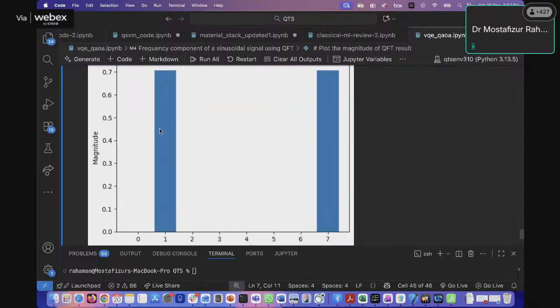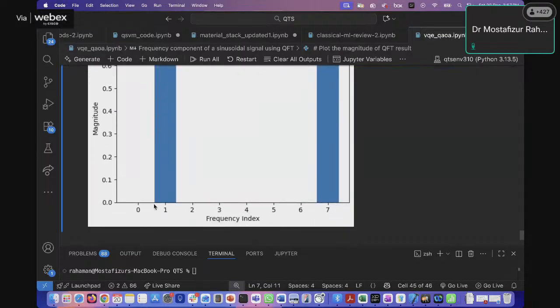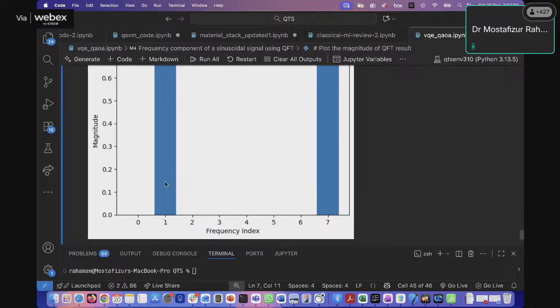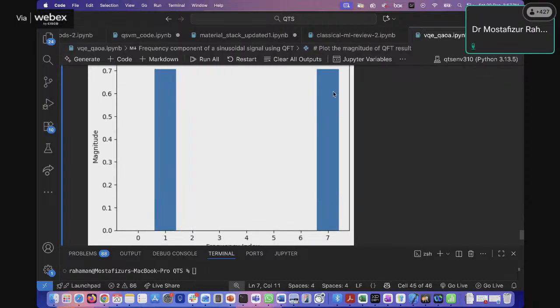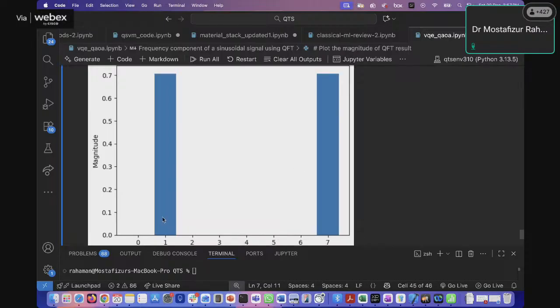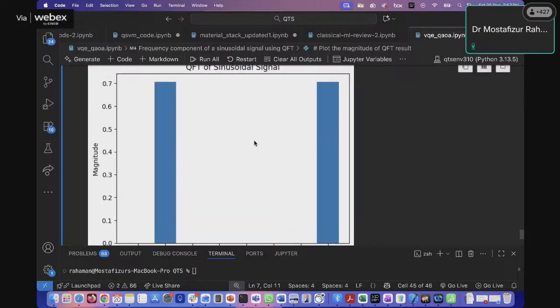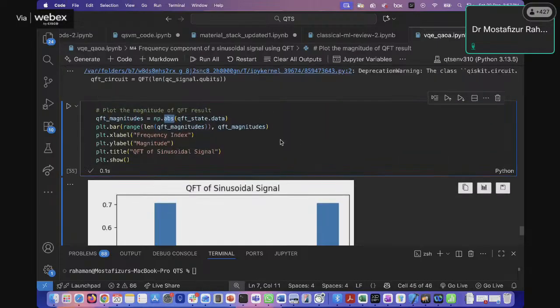Like a sinusoidal signal, right? If these are the 8 points you have, and this is your middle point 4, on the left hand side there is a frequency component, and on the right hand side you can see another frequency component, at plus FC and minus FC, right? So these are the two components you can see after the quantum Fourier transform here, right?